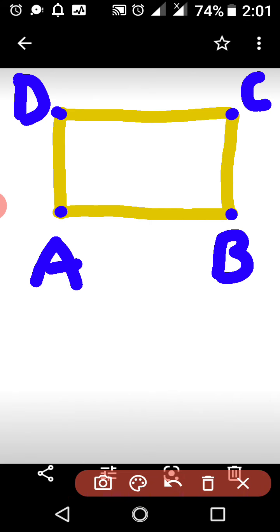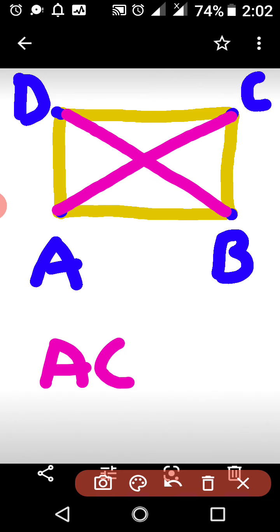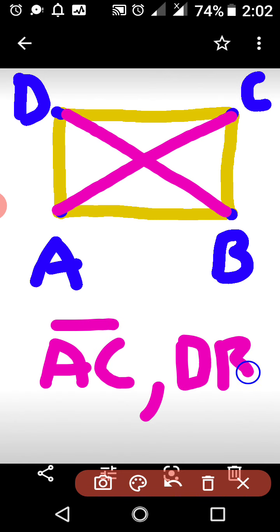I am going to join vertex A and vertex C like this, and vertex D and vertex B like this. Now AC is a line segment, and DB is another line segment. So these two line segments are known as the diagonals of the given polygon. Like this, for a quadrilateral we have only two diagonals.